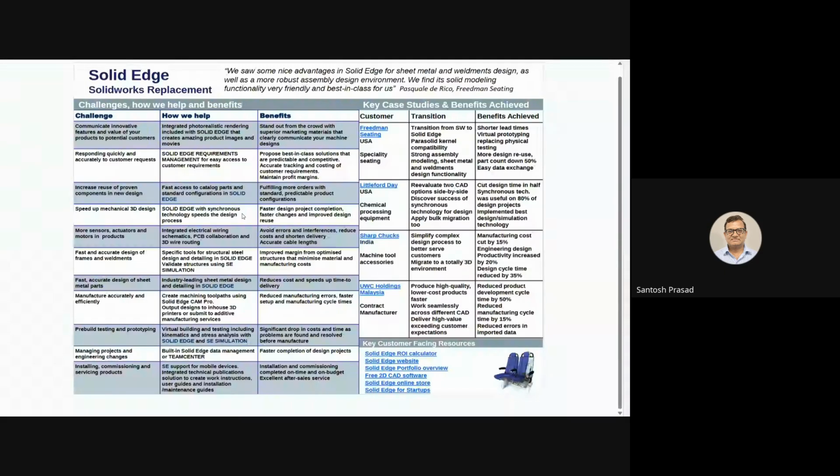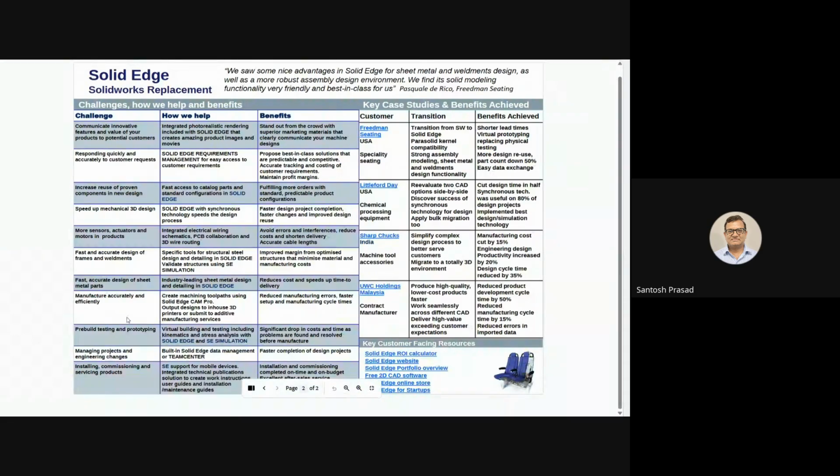Then the synchronous technology will help you a lot to make the product very fast. And these are the features that basically help the software evolve in time, and it has come up at the top of the competition where other software is lacking.